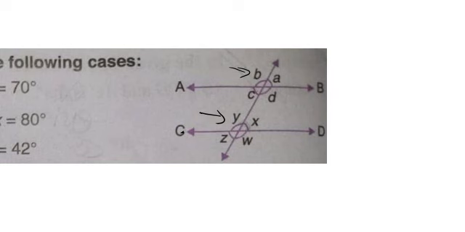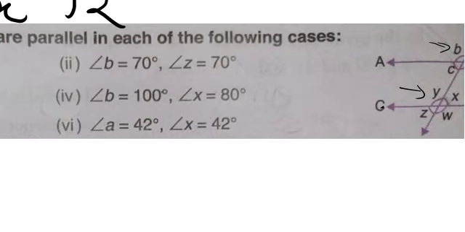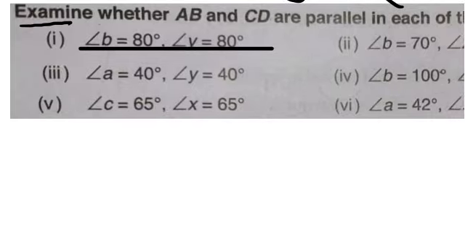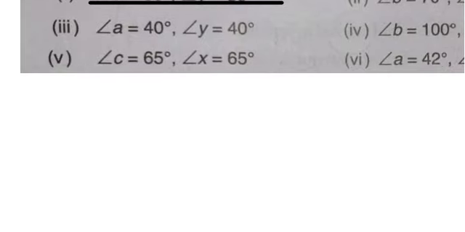This means they are corresponding angles. Now if these two corresponding angles are equal, then AB and CD will be parallel to each other. The measures given are 80 degrees, and this means they are equal, and when they are equal, our lines are parallel. So for the first part, we'll have our answer as yes.